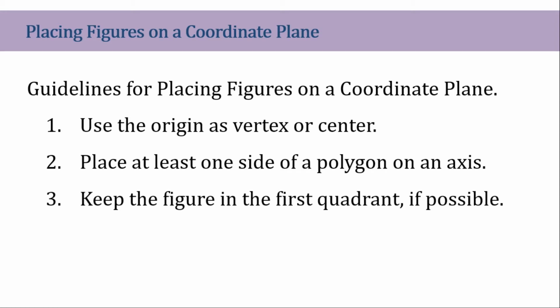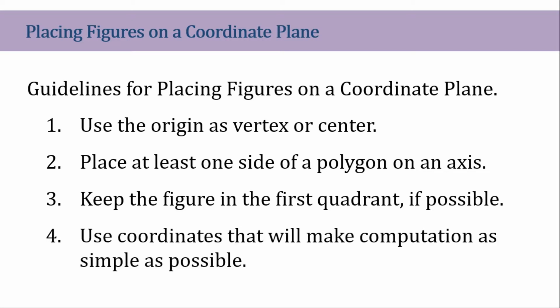This will help us in dealing with positive numbers. Number four, we use the coordinates that will make computation as simple as possible. For me, I prefer to deal with even numbers than fractions. I will show you how that works later.